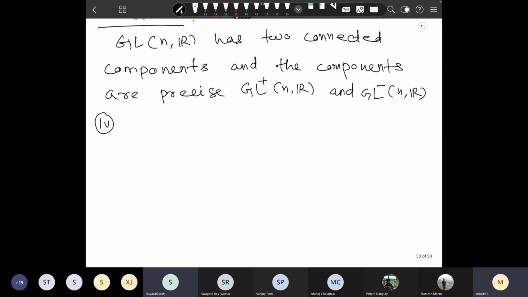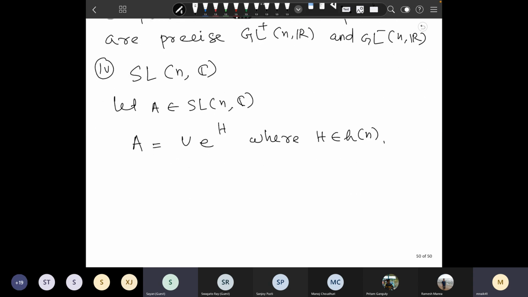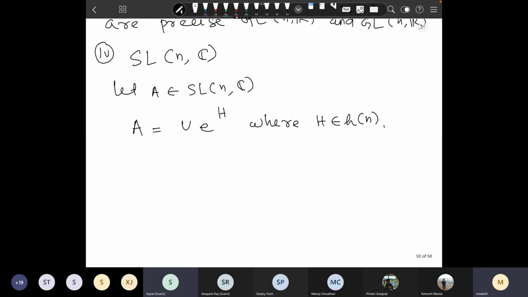So for the fourth example, let us look at SL(n,C). So let A belong to SL(n,C). That means A is equal to some U times e to the power H, where H belongs to H(n). Okay, so you take the determinant on both sides.